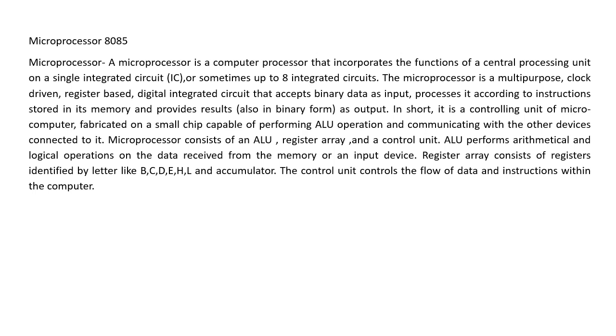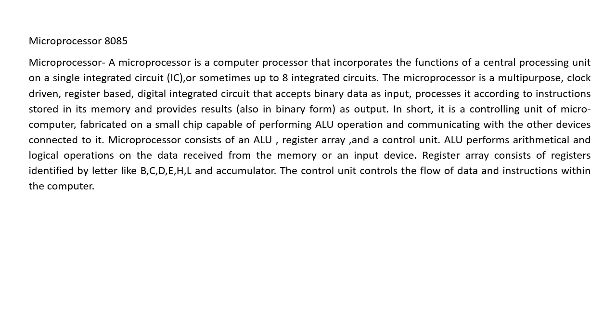ALU performs arithmetical and logical operations on data received from the memory or an input device. The register array consists of registers identified by letters like B, C, D, E, H, L and the accumulator, which is denoted by A. The control unit controls the flow of data and instructions within the computer. So basically this is the simple definition of the 8085.